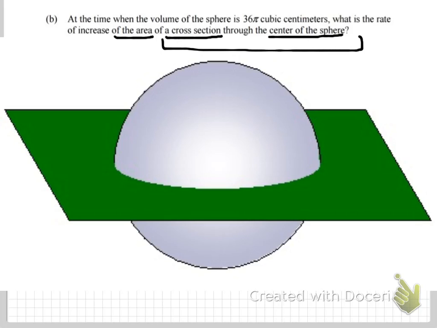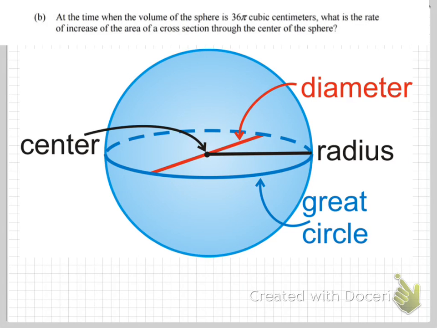That means that you're going to take like a flat thing and you're just going to cut it straight through the middle of the sphere. Now, if we do that, what kind of shape do you think that we get? If you answered that we would get a circle, then congratulations, that's exactly what we get. So if we cut through the middle of a sphere, then what we get is a circle.